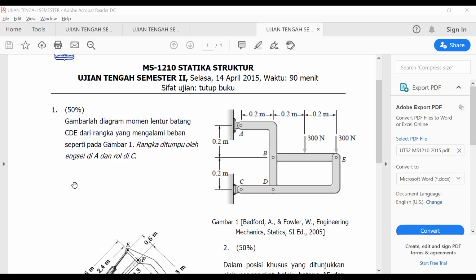You don't have to analyze for the bend part. What you have to do is to analyze for the horizontal only and the vertical only. The bend part is actually out of the topic. It's quite difficult to solve that one, and you don't have the tools to solve that.